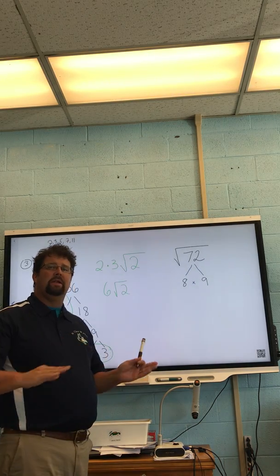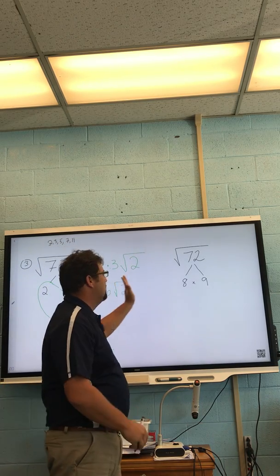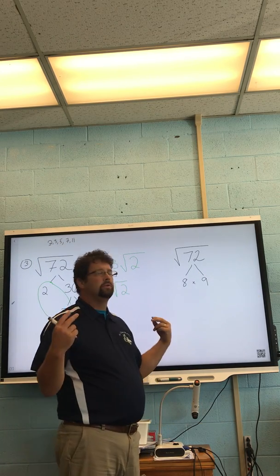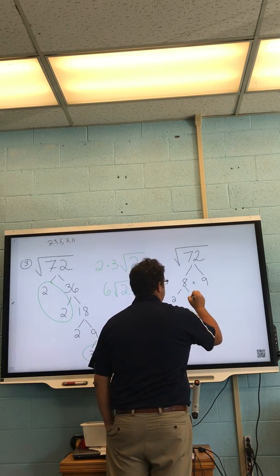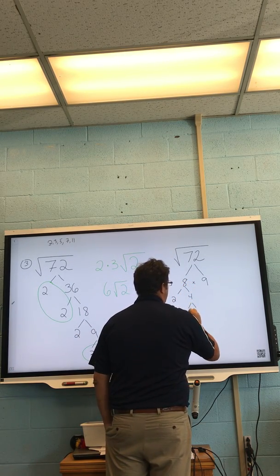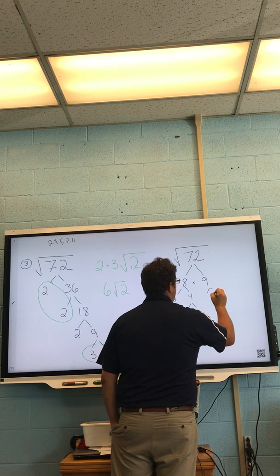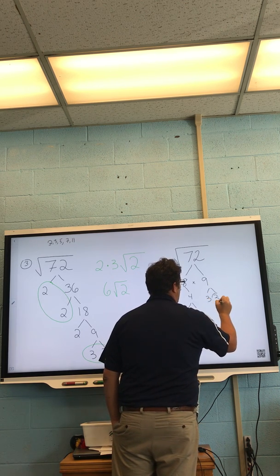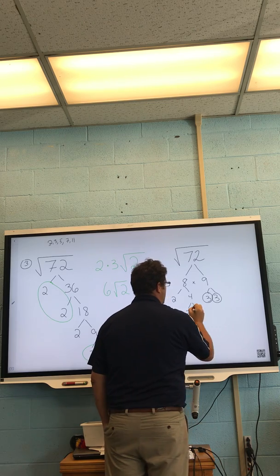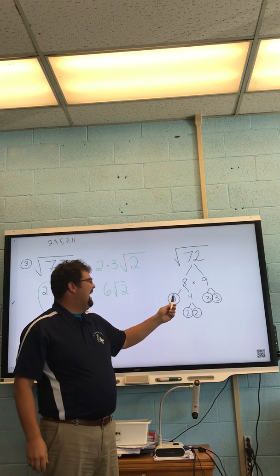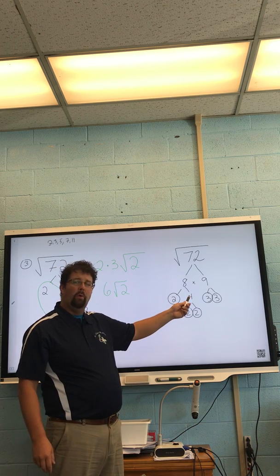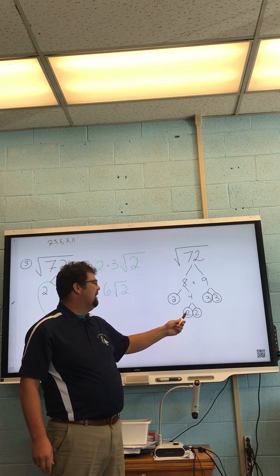So instead of breaking everything down into 2s and only using one side of the tree, you're going to use 2 sides of the tree. So now you're going to have 2 times 4 and 4 times 2 times 2. And 9 breaks into 3 times 3. So at 72 you have 8. 8 is 2 times 4. And 4 breaks down to 2 times 2.